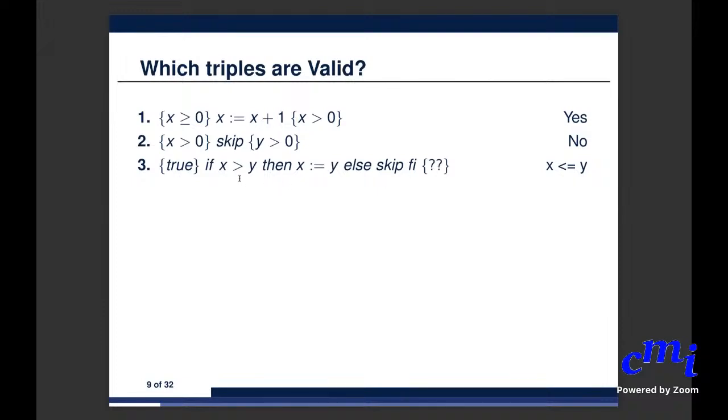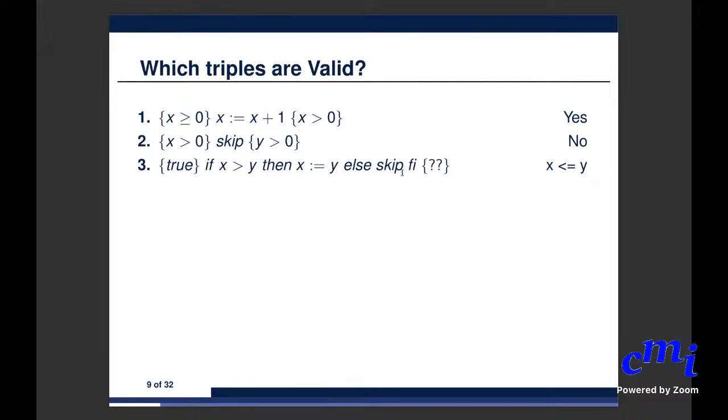So if x is greater than y, y is assigned to x, therefore x will be equal to y. Else means x is less than or equal to y. So if x is greater than y in the pre-state, then you're making x and y be the same. So x is equal to y. Otherwise, it'll remain as before.